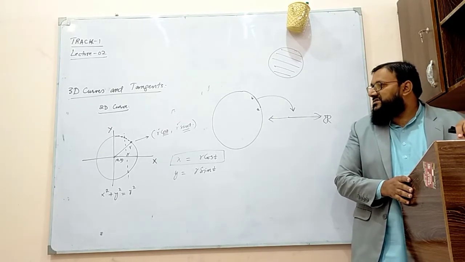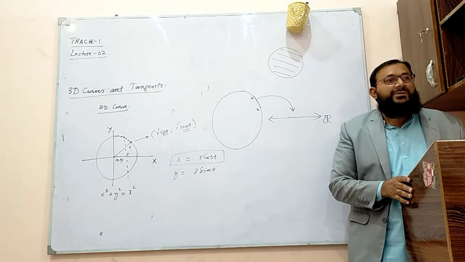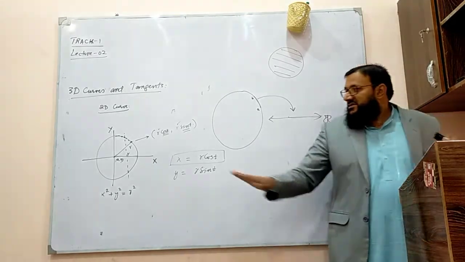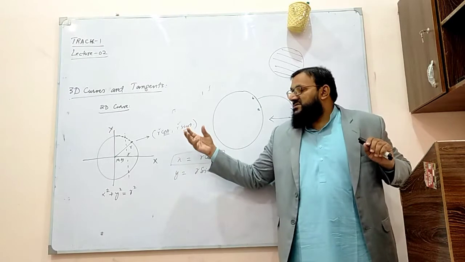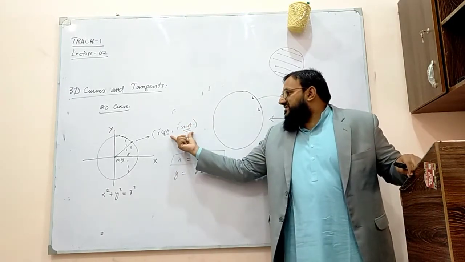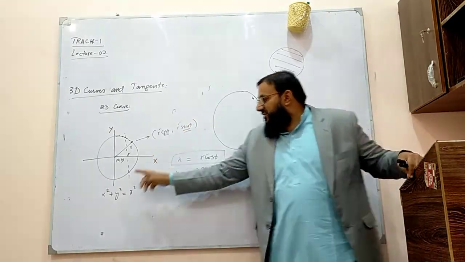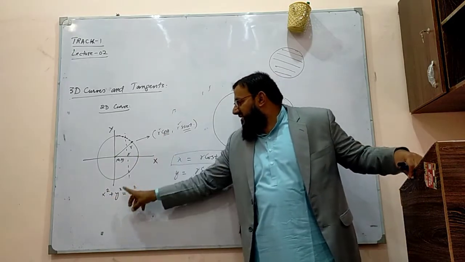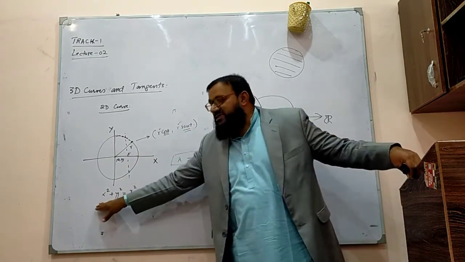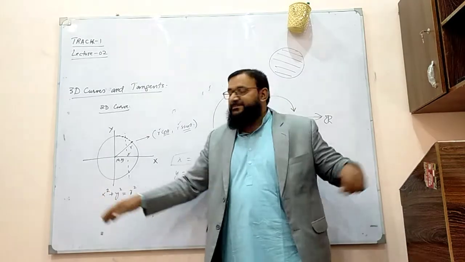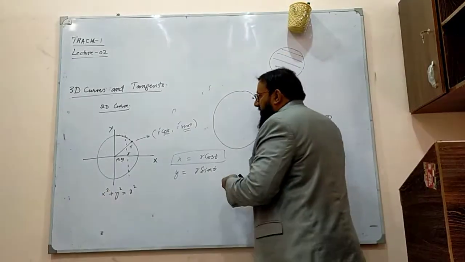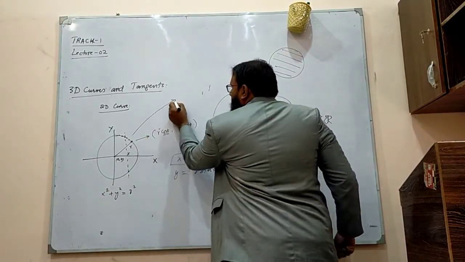Some people use a rational parameterization of the circle. This is a parameterization of the circle because, whether this is right or wrong, you can just put x equal to r cos t and y equal to r sin t, and this will satisfy this particular equation. I think there is another parameterization for a circle.